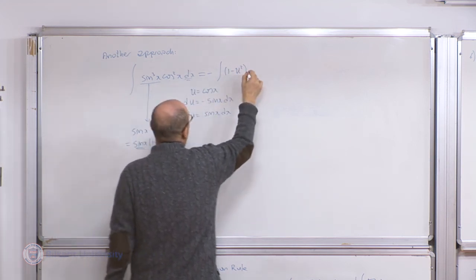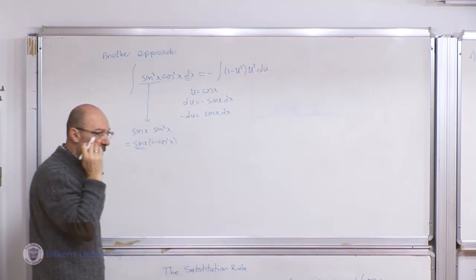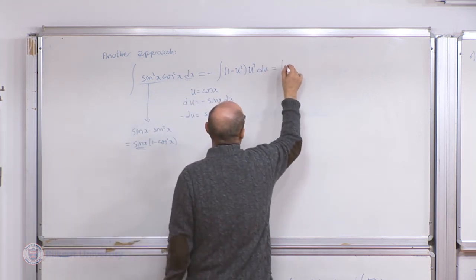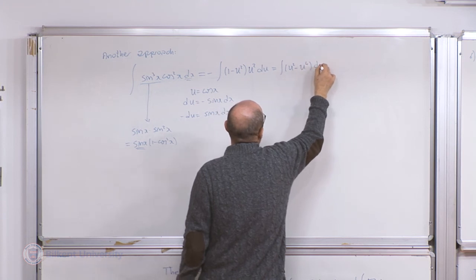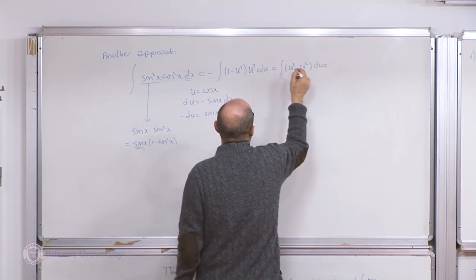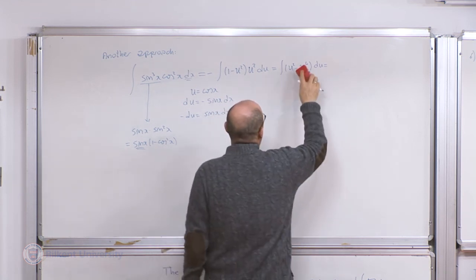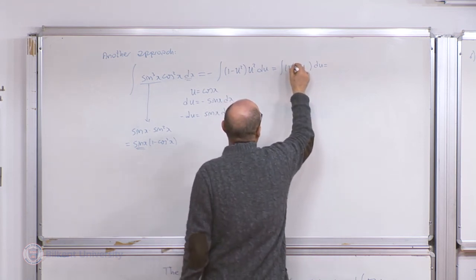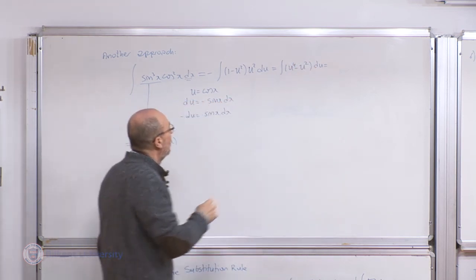I have u square here and du. You see that suddenly I have something easier. Okay, so this is u square minus u to the 4 du. I have minus. So let's put this minus inside.